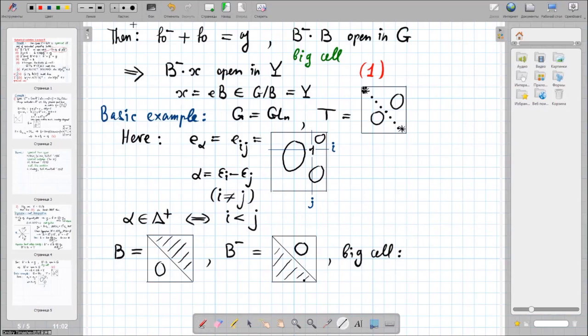Let me again draw this picture. You may consider the upper left corner minors of such a matrix, the element in the upper left corner, then the 2 by 2 minor, and so on.